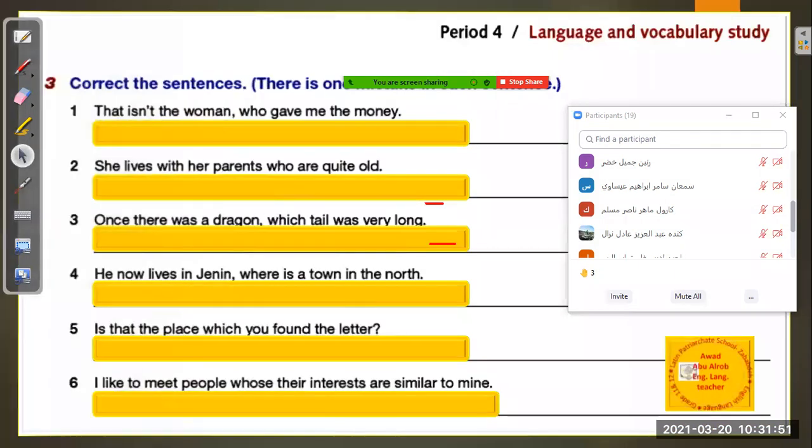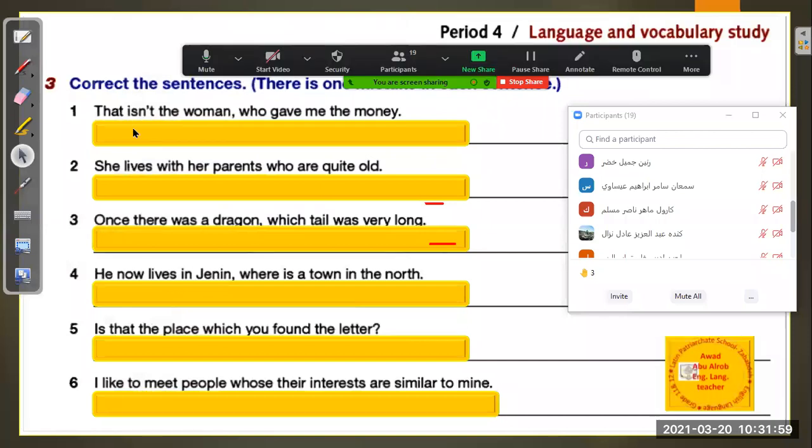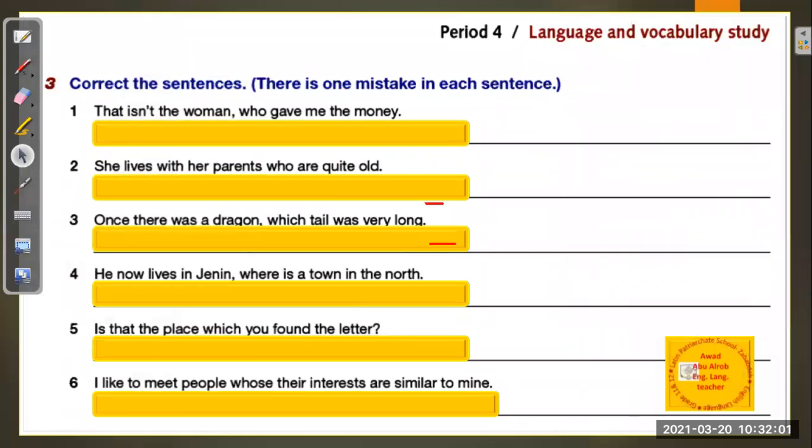Here, correct the sentences. There is one mistake in each sentence. Now, if you look at example number 1, here he summarizes everything that we had, defining, non-defining, where and whose, all the exercises we did over the three days. Now, that's not the woman who gave me the money.